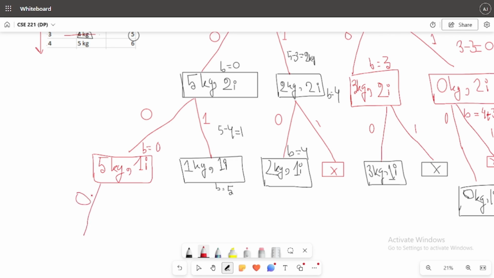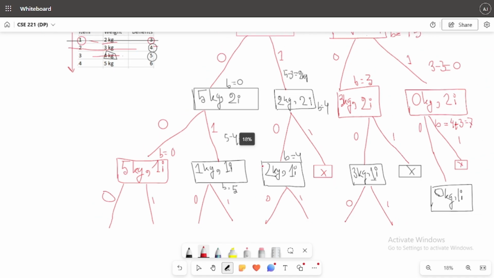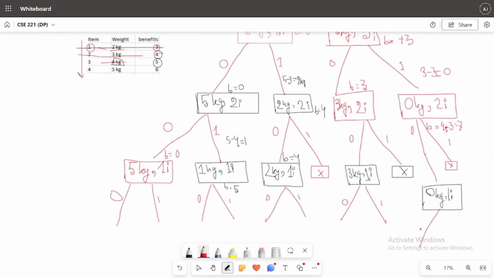There it will be 0 and again 1, 0 and 1, 0 and 1. As it is cross, it will remain cross. 0 and 1. Again 0 and 1.